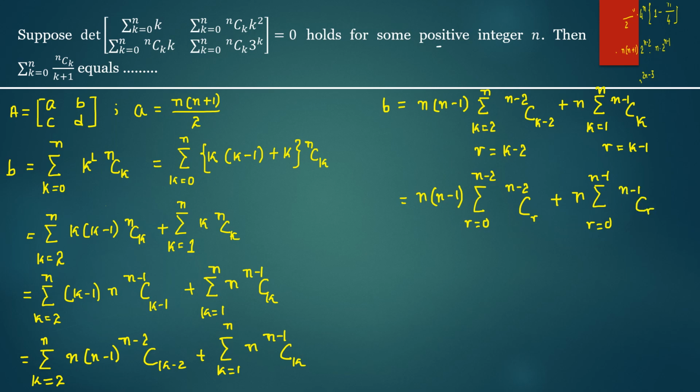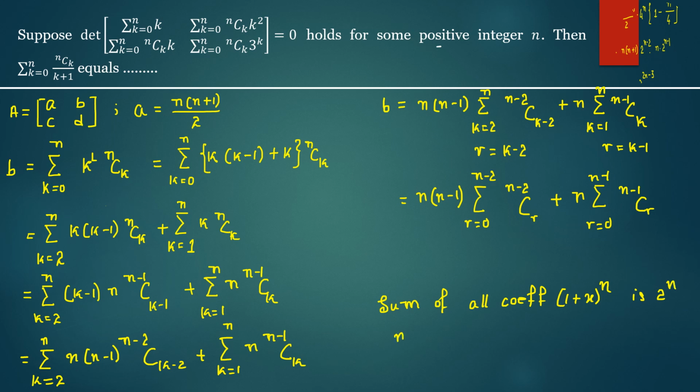Okay, that's it. Now we know that in the binomial theorem, the sum of all the coefficients of (1 plus x) to the power n is 2 to the power n. So what is the sum of all the coefficients?